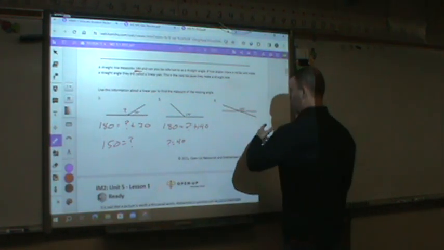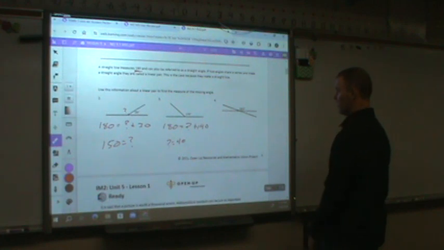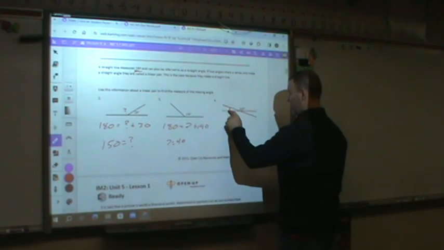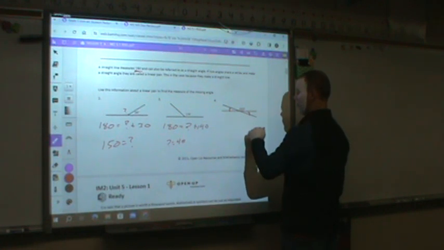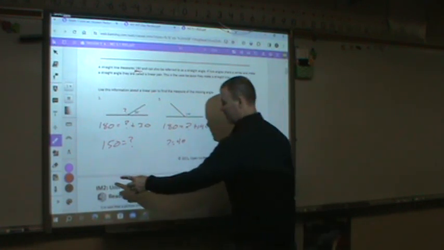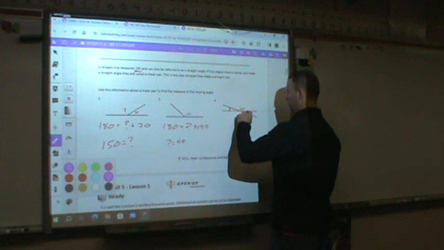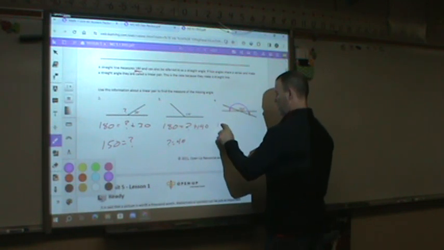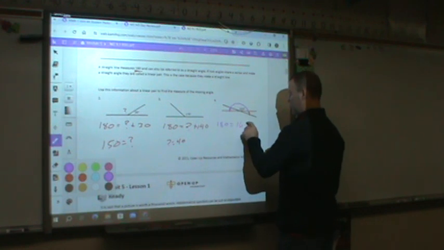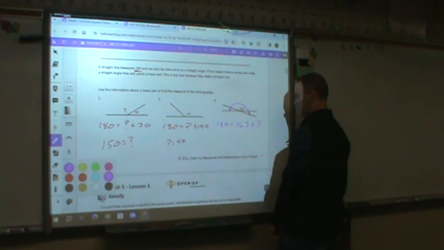And then, oh no, now I have multiple angles over here. I have this angle here, and I have this angle here I have to find. Well, they're trying to throw you for a loop, because the 163 plus the rest of this should be equal to 180. So 180 should be equal to 163 plus question mark.